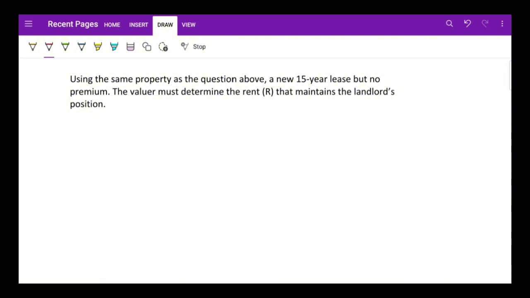So from the previous question, we've already ascertained that the present freehold interest is 167,621,400, and the proposed, therefore we'll now do the proposed under this.